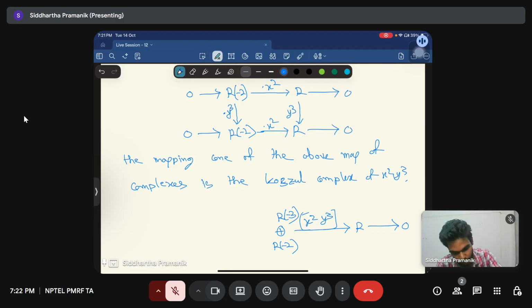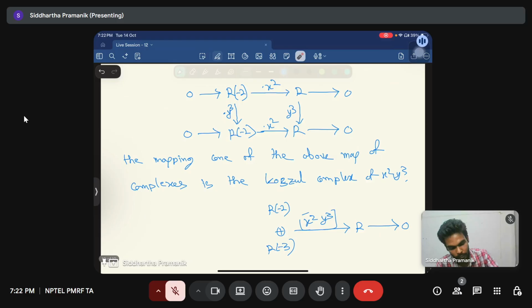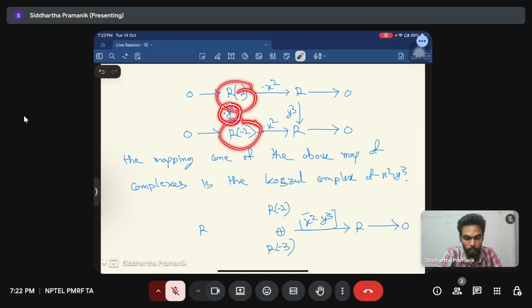So maybe we need to write it the other way. So R(-2), R(-3). Now we need to take this diagonal. So this is R(-2) to R(-2), multiplication by y^3 of degree 3.